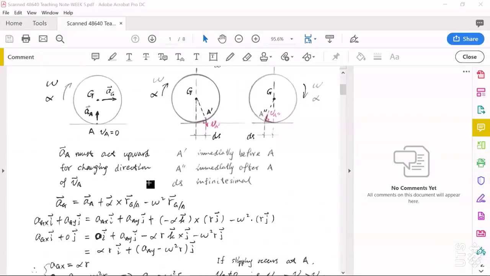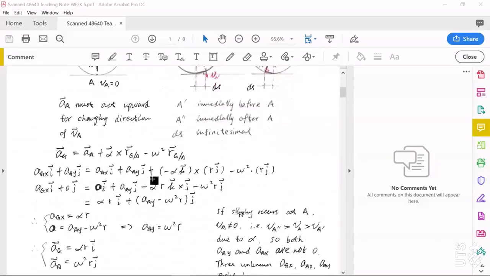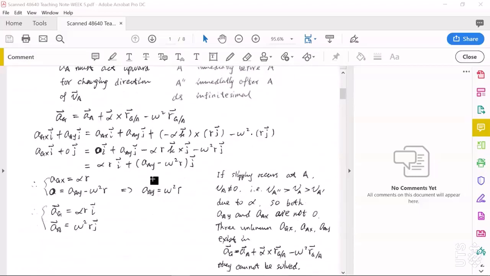Okay, now we can do relative acceleration analysis. Here is the equation for relative acceleration analysis, and here we have AG, AA, alpha, and omega.